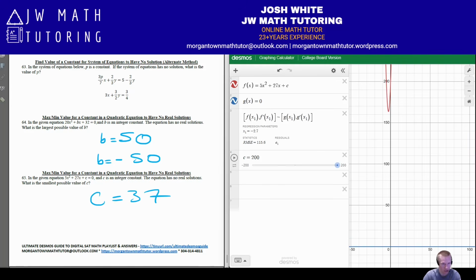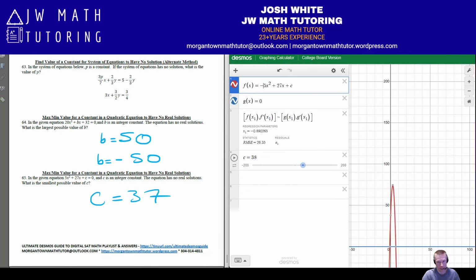When you plug in 0 for x, the first two terms cancel out and you just get c. So when you're solving for the constant c in this type of problem, there's only one specific answer, and it's either the largest or the smallest depending on the direction of opening. If this opens up, it's the smallest possible value of c.